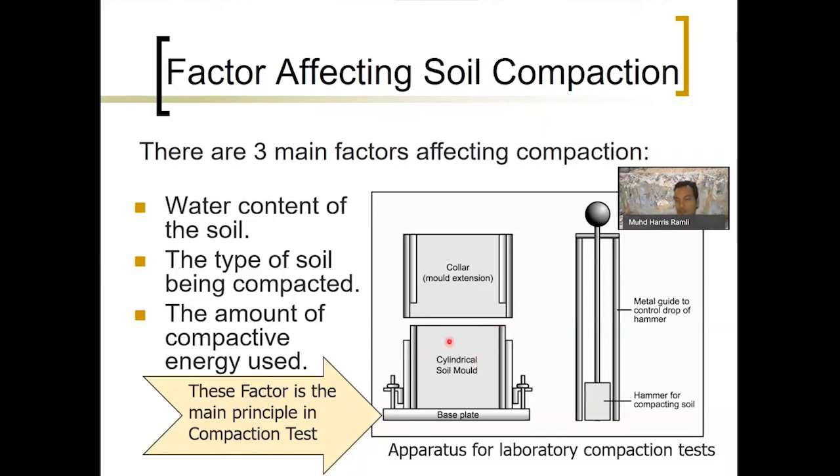Depending on the type, we have 2 types of compaction tests: the standard compaction test and the modified compaction test. In the standard compaction test, we make 3 layers and compact each and every layer to ensure that the soil is well compacted. You give 25 blows for each layer.